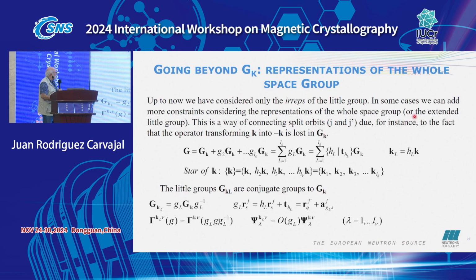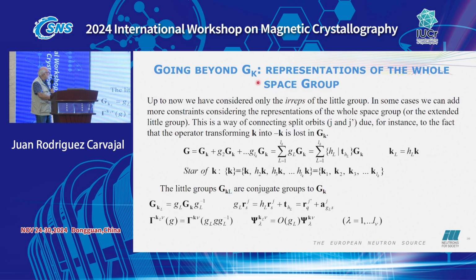The extended little group is a quite interesting concept, mostly promoted by the people working on incommensurate crystallographic structures, in order to bring together K and minus K. For example, in GK you may have no operation that transforms K to minus K, but you have to use it.